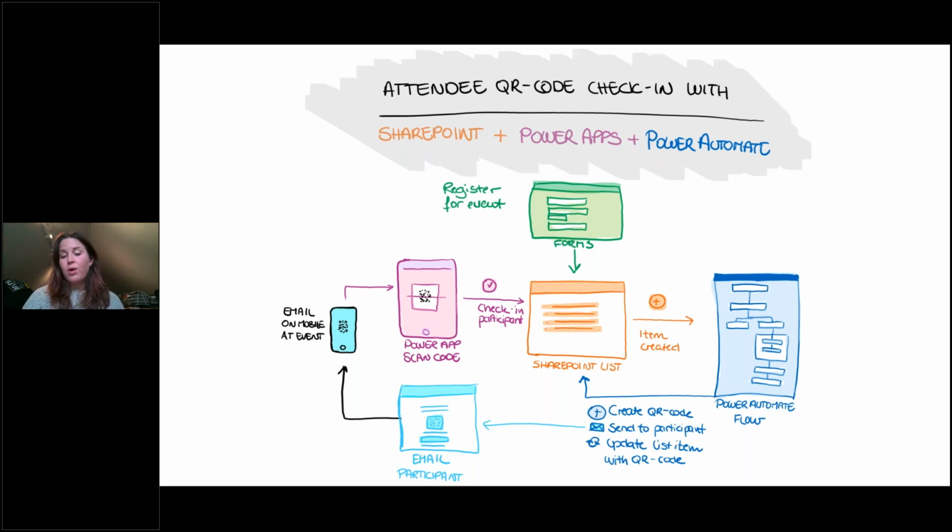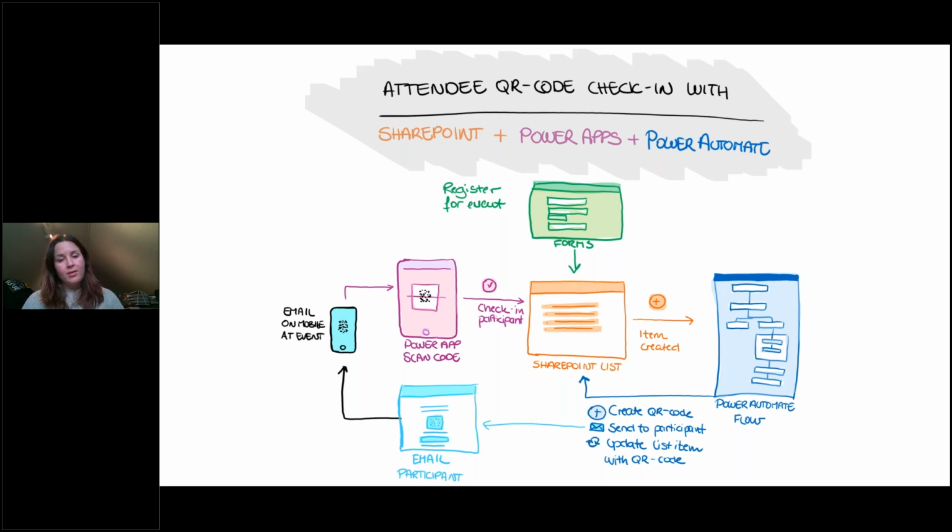Once a row in the SharePoint list was created, we wanted to automate the send email process. And with that email, we wanted to send a QR code. So I needed a Power Automate cloud flow, that's the blue part on the right side, to create that QR code related to that item in the SharePoint list, and then send that QR code to our attendees.